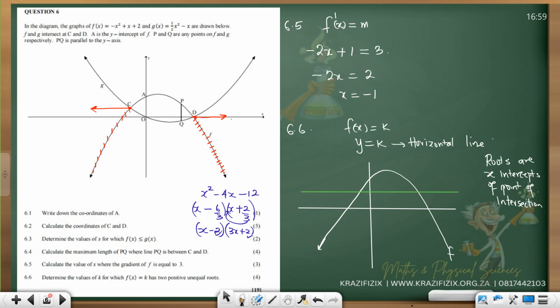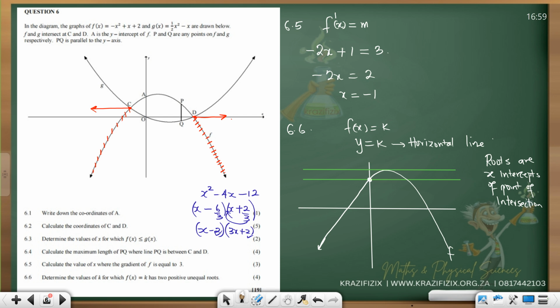Anywhere above this line is positive, all right? But it will be between that line and this line. It cannot go above that. It must touch the graph at 2 positive points.